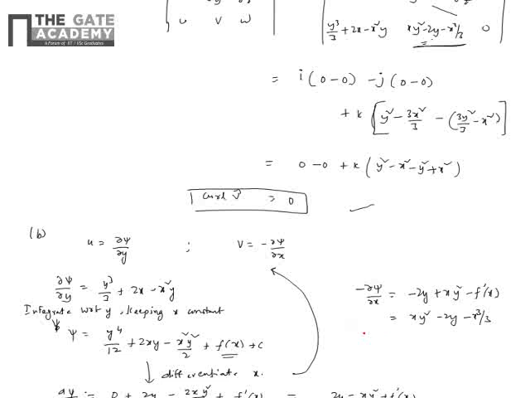So comparing this, we get f dash x as x cube by 3. And so what is f of x? When you integrate, x power 4 by 12 is f of x.